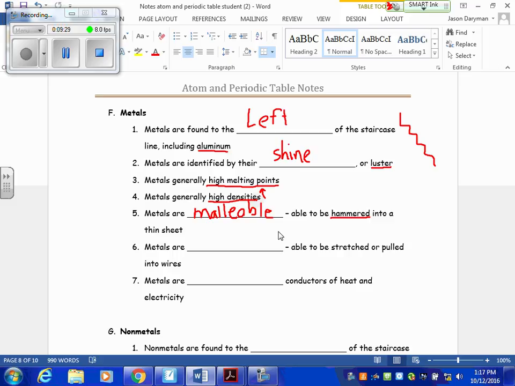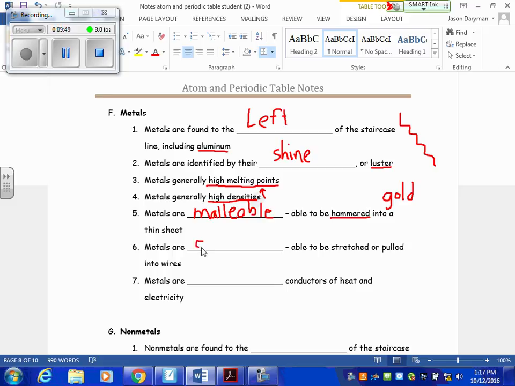Little interesting fact: gold is so malleable it can be pounded into a sheet as wide as this classroom. Just 1 ounce of gold can be pounded into a huge sheet. It's kind of hard to believe, but it's true.